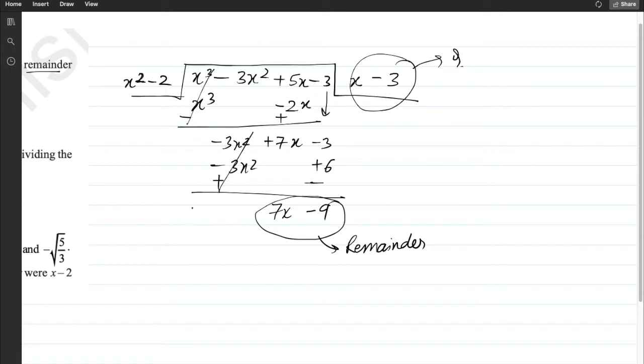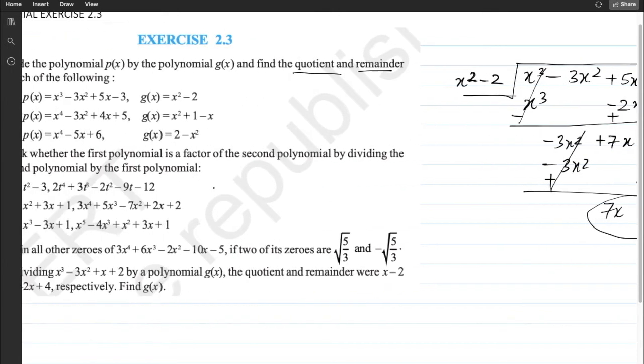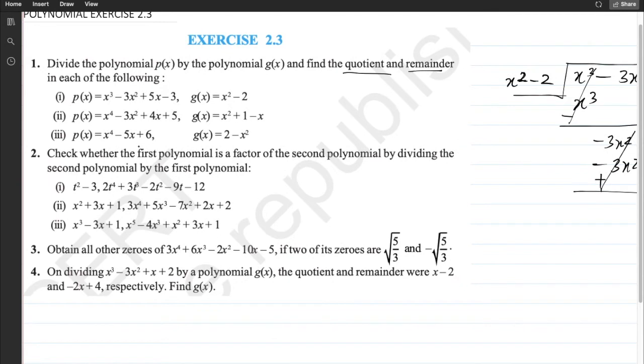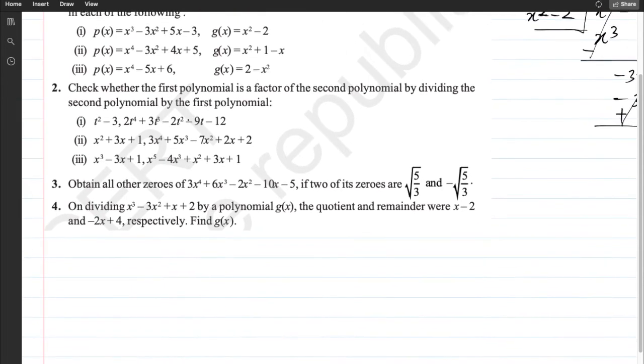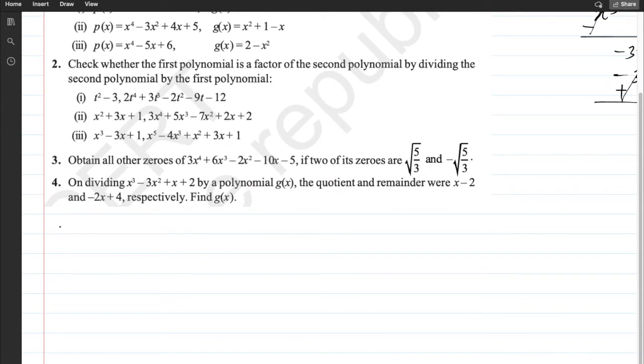Let's try the second question, then you will be very familiar with how to do these questions. Alright, the second question is this one. The bigger expression is kept inside the brackets: x4 minus 3x square plus 4x plus 5, and outside I will keep x square plus 1 minus x.